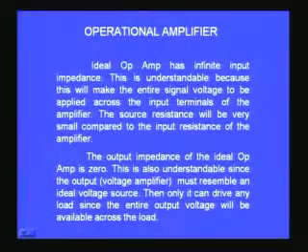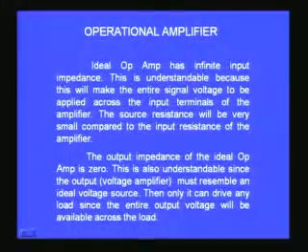This is also understandable because the output of an amplifier is used to drive a load. When you want to drive a load, your amplifier output now becomes a source, and therefore the source impedance should be minimum; only then will the entire voltage be across the load.